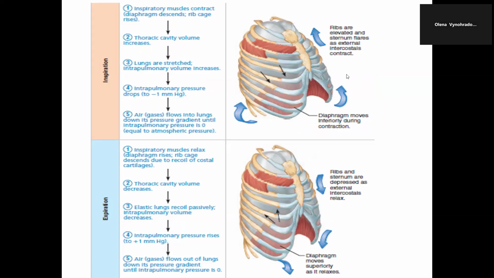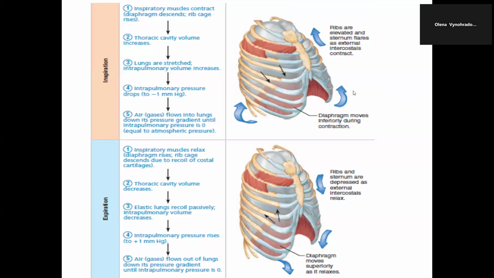Inspiration and expiration are possible only because of the work of our respiratory muscles. Without respiratory muscles, respiration is not possible, because increasing and decreasing the volume of the lung is possible only because of the work of our respiratory muscles. The respiratory muscles are the diaphragm and intercostal muscles.